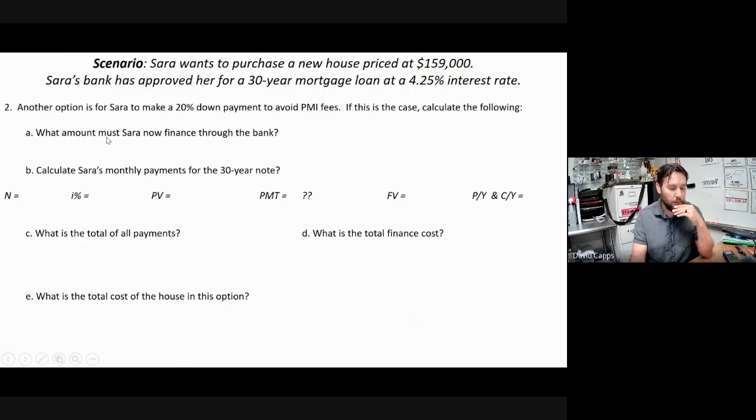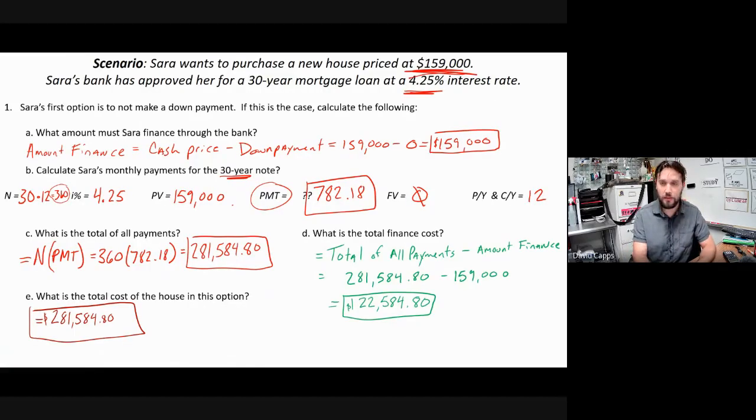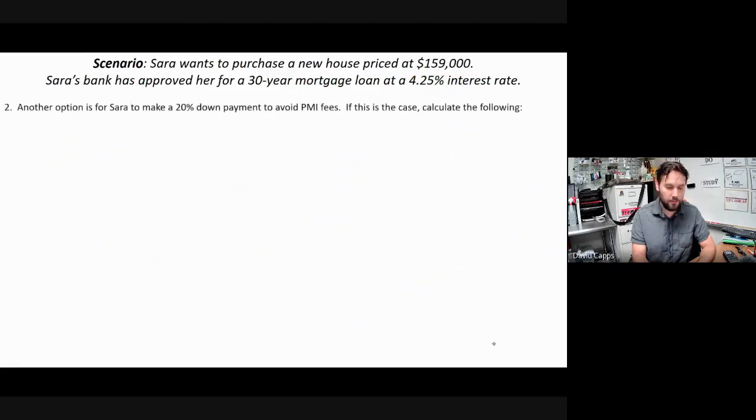So what amount must Sarah now finance through the bank? She's not financing the whole thing anymore, like in the first example, where she financed the whole thing at $159,000.